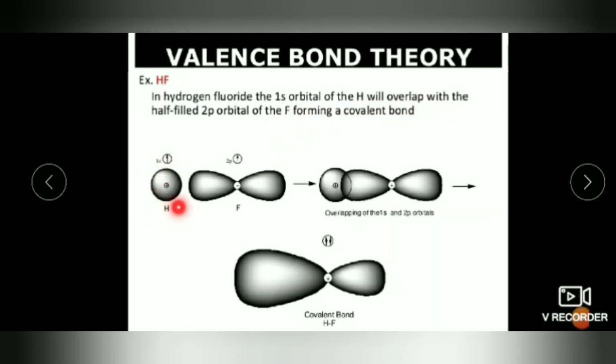Fluorine contains 9 electrons, and in the 2p orbital it has one half-filled electron, which we call one unpaired electron. Hydrogen also has one unpaired electron. These two overlap head-on between the 1s and 2p orbitals, and a covalent bond forms between the s and p orbitals.